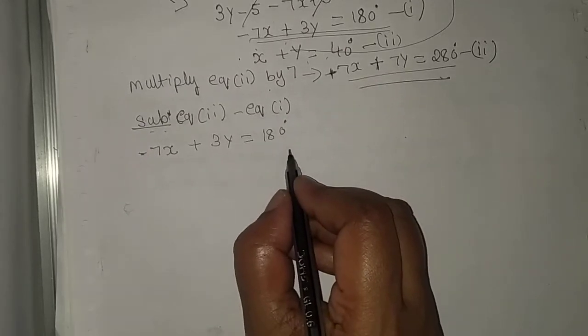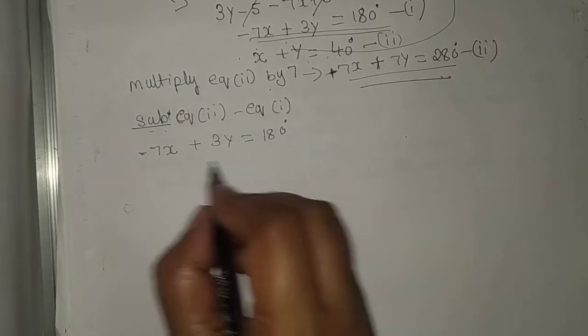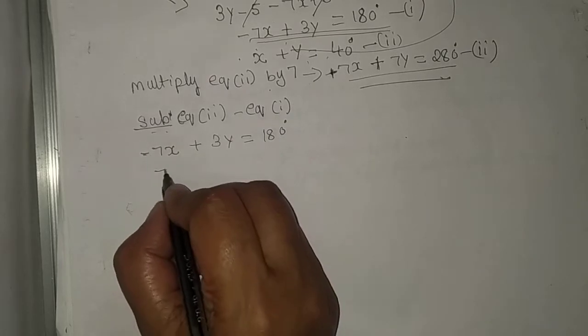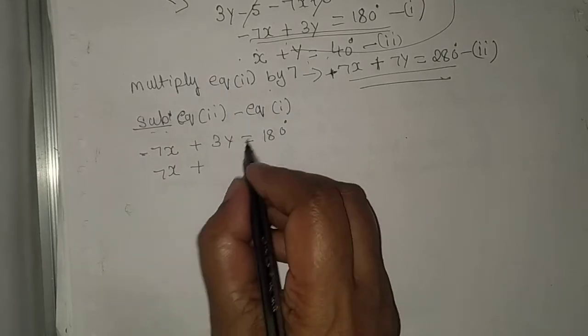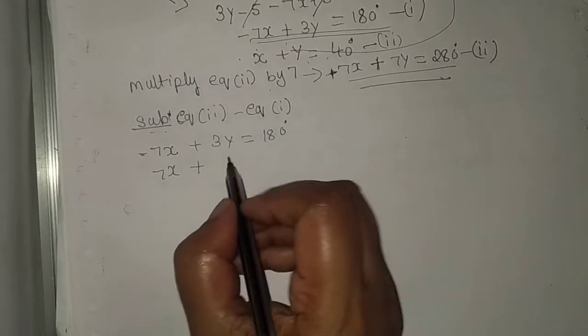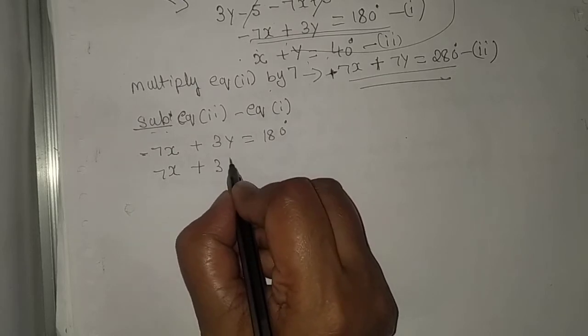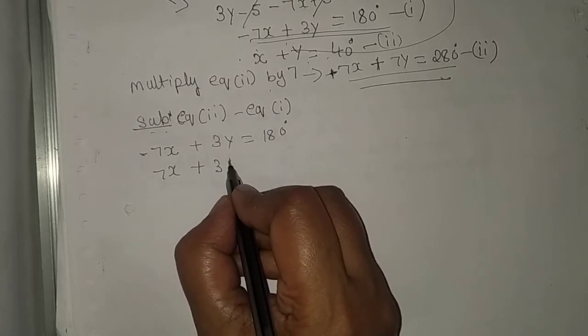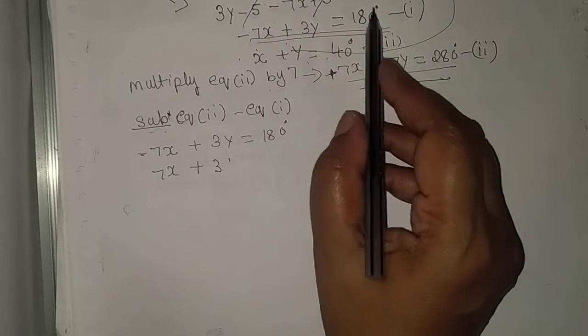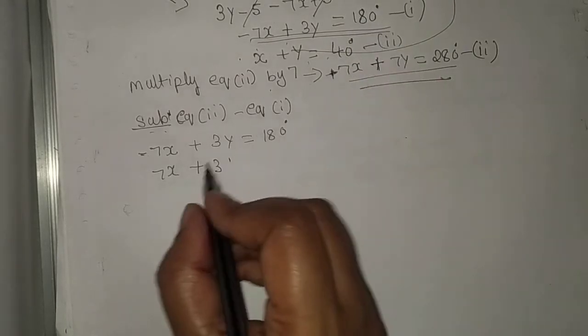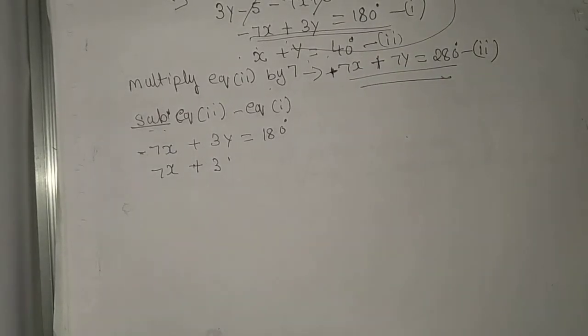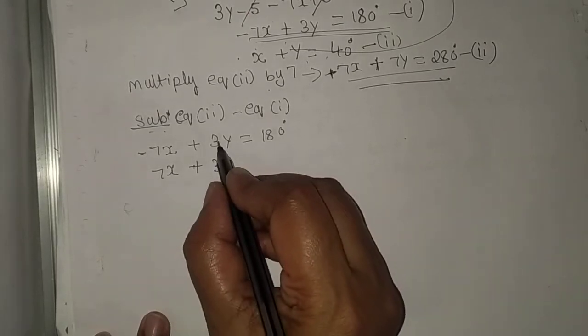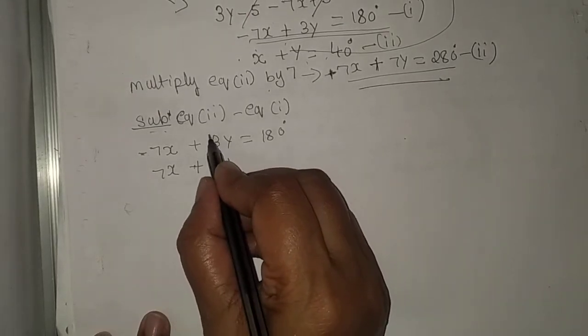Next, we have this one, 7x plus 7y is equal to 280.